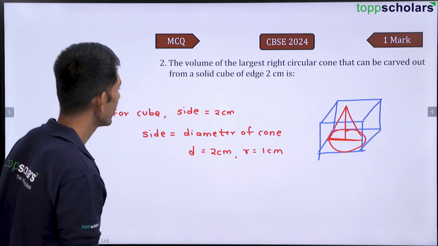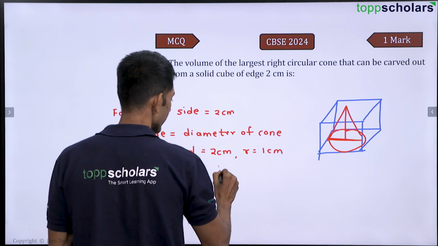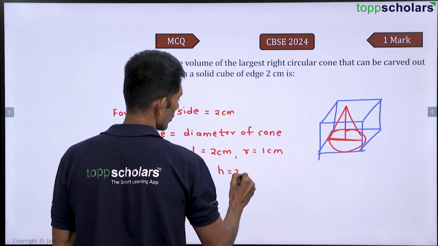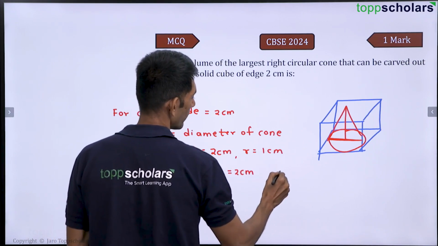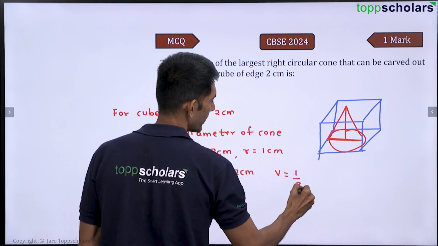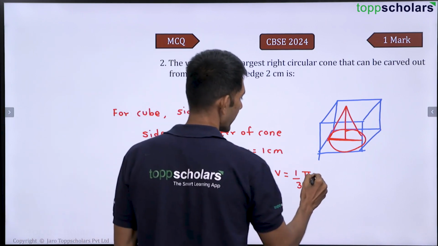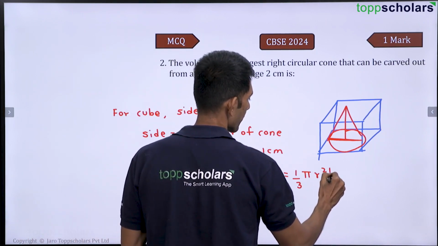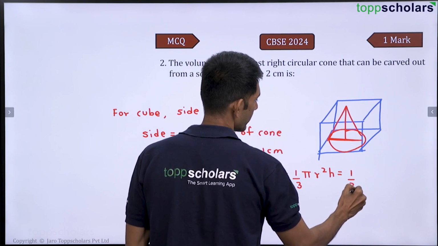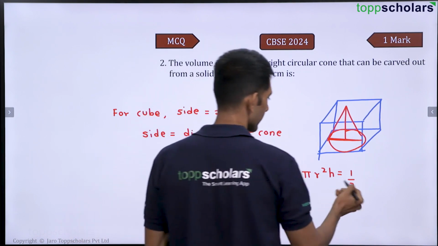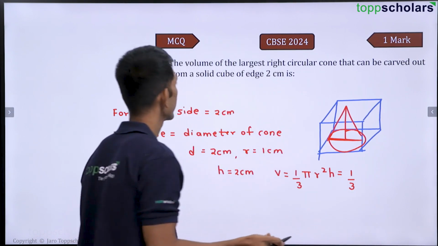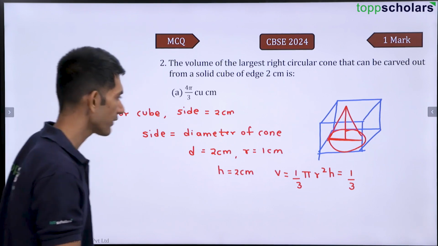Now radius is 1 centimeter and the height is 2 centimeter. So what will be the volume? Volume will be 1 by 3 pi r square h, right? So 1 by 3, then pi. Are we having pi in the options? Okay, we have pi in the options.